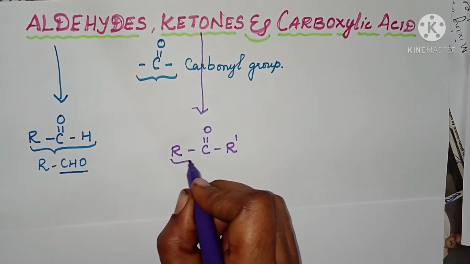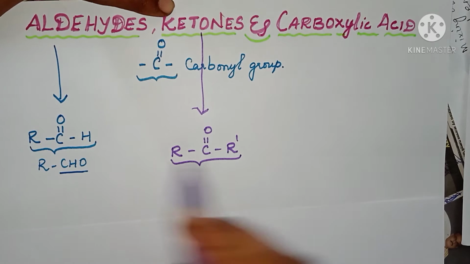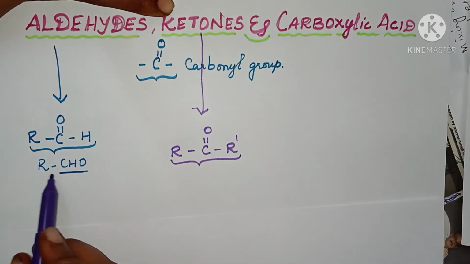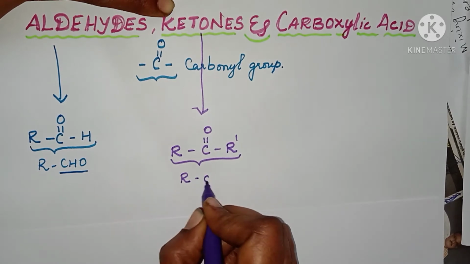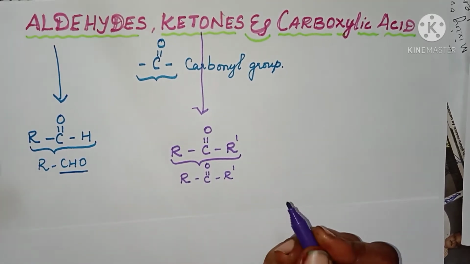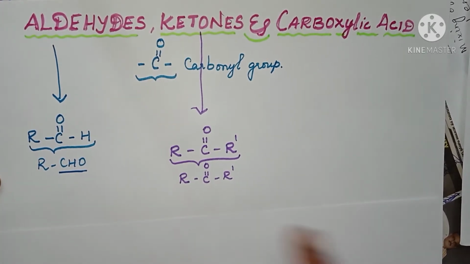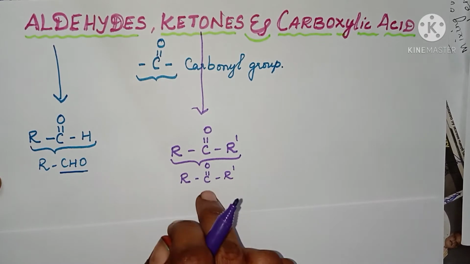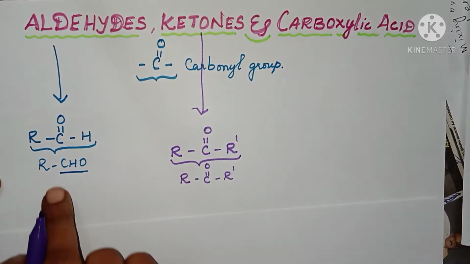This is the general formula of ketone, R C double bond O R dash, where R means alkyl or aryl. But the middle part is the carbonyl compound. So, this is different from aldehyde.